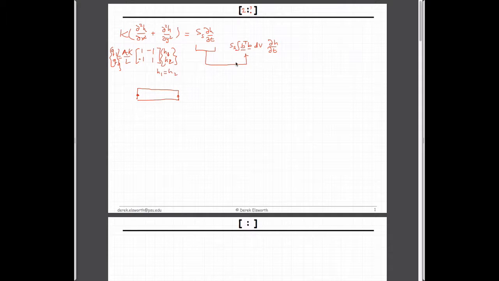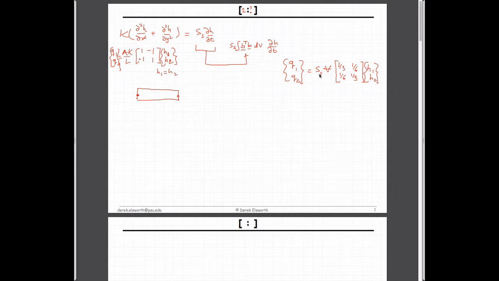So what does physically the storage mean? The storage we could write out the same way, so we could think of it as Q1 and Q2. And we said that it's equal to some coefficient multiplied by a volume multiplied by a third, a sixth, and a third, and this is H1 and H2.